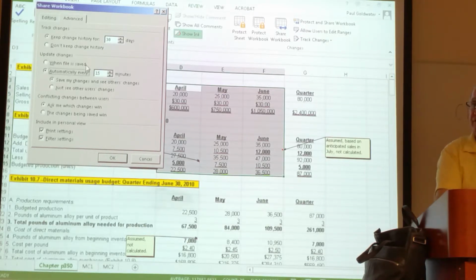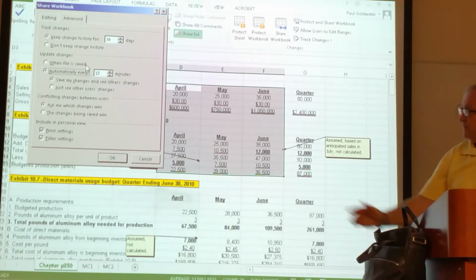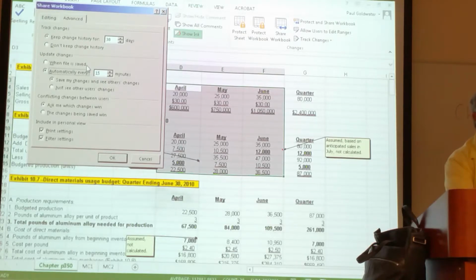Now, what's the benefit of this? Managers did not have to do what? They didn't have to physically come to Orlando. And Microsoft has perfected that in Excel, and they call it Share Workbook. Damn them, I wish they'd called it budgeting.